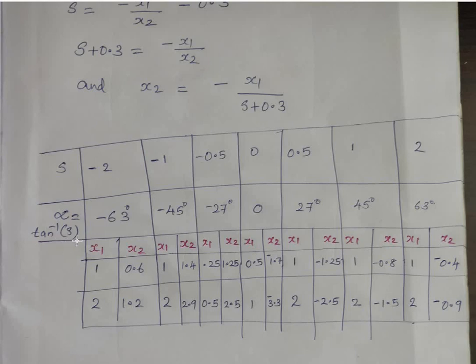Angle alpha is actually tan inverse of S. So we will get the angles like this: minus 63, minus 45, minus 27, 0, 27, 45, 63, etc.